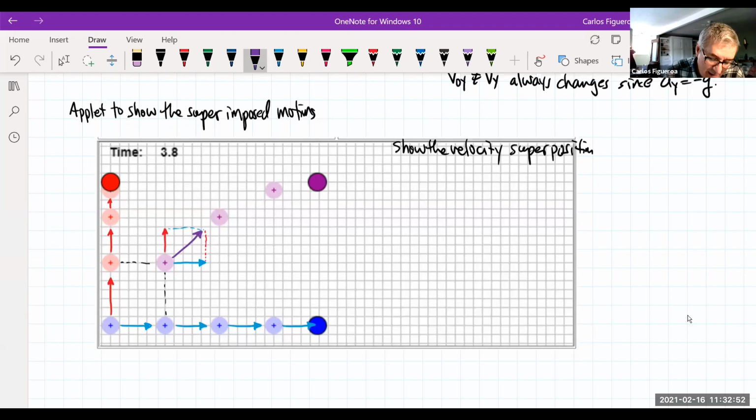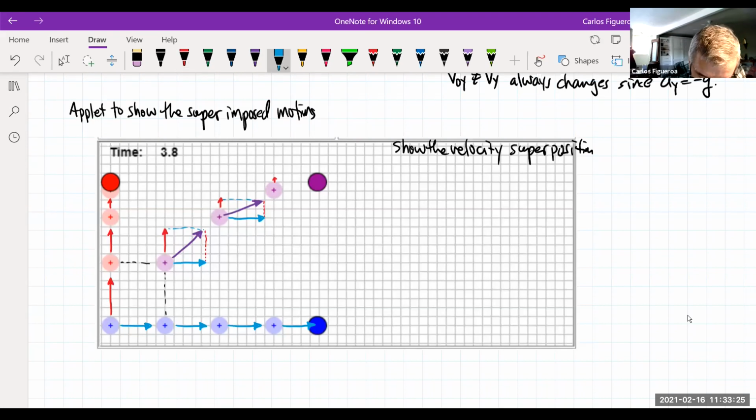Now, if I come up to the next one and do the exact same thing, I have this one, and then this one's going to go about right here. If I do superposition again, you can see that the velocity in this case is changing direction. And you can see that the x component is getting bigger and bigger. And I'm thinking that when I get to here, the red is going to be really tiny.